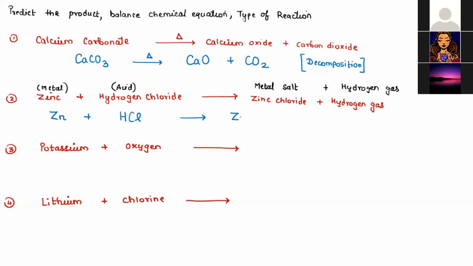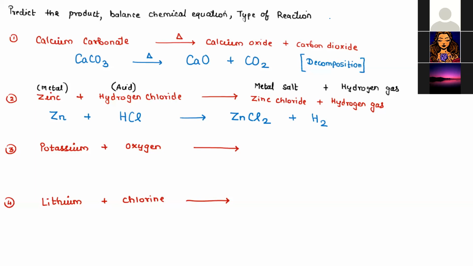Zinc chloride formula will be ZnCl2 because Zn is plus 2 and chlorine is minus 1, plus hydrogen gas. You cannot write H, you have to write H2. Remember those 7 elements which are diatomic: iodine, hydrogen, oxygen, nitrogen, chlorine, fluorine, and bromine.